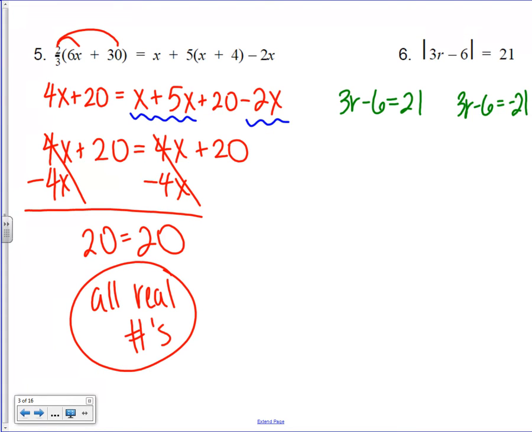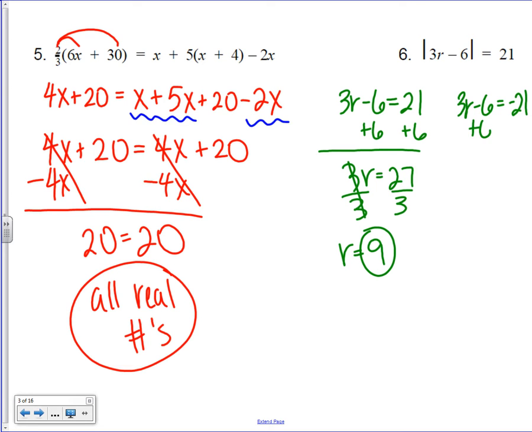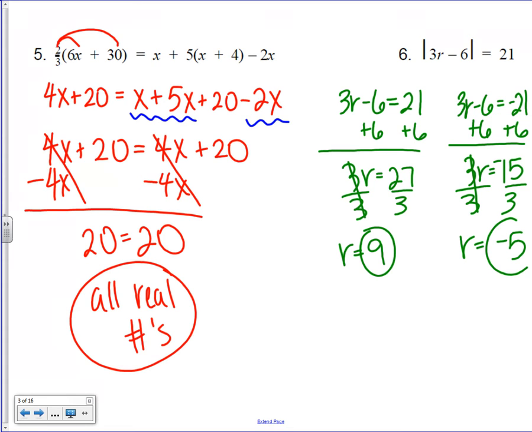And now we're just isolating. And remember, you should get 2 answers for absolute value equations.